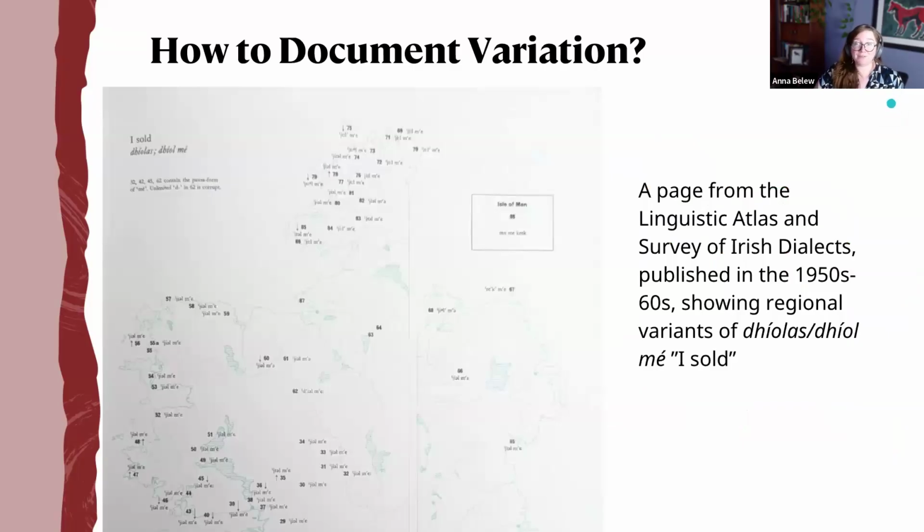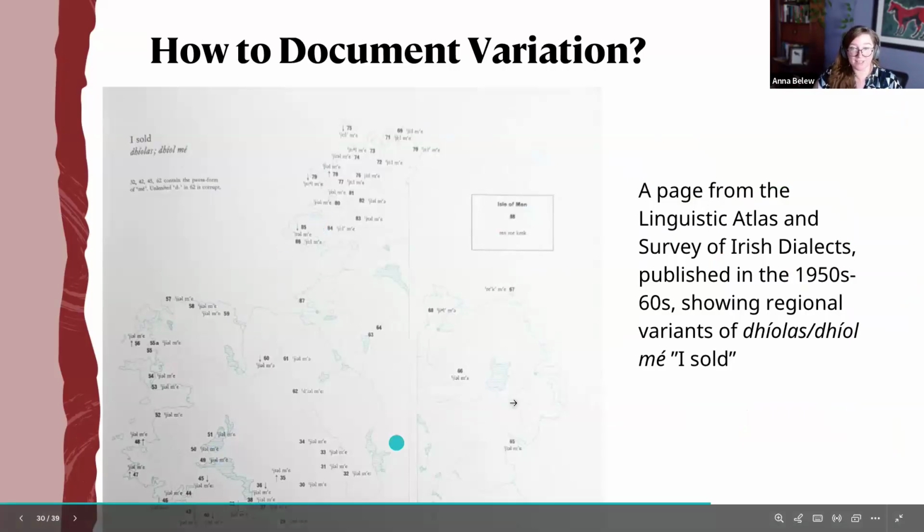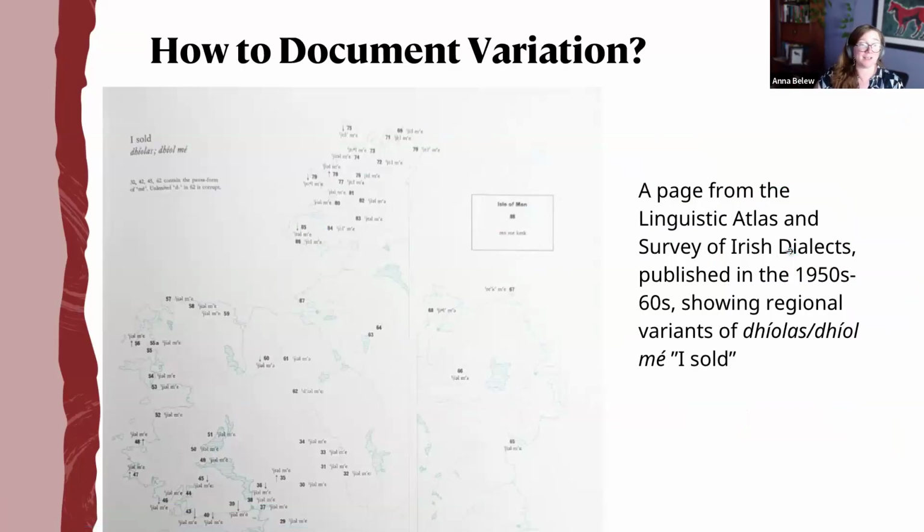So one really cool example of this is back in the 1950s and 60s in Ireland, they made a whole atlas of variation in a bunch of different Irish words and phrases. So this is an old printed atlas showing all of the different ways they recorded people saying the phrase "I sold." And I don't speak Irish, I'm sorry, I don't want to get it wrong, but these things change over time.